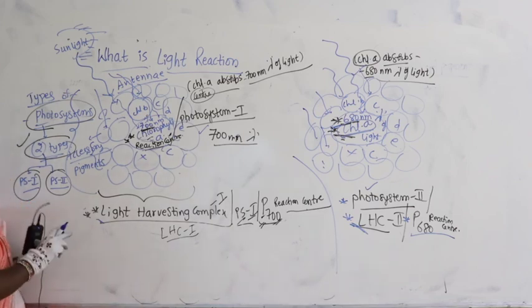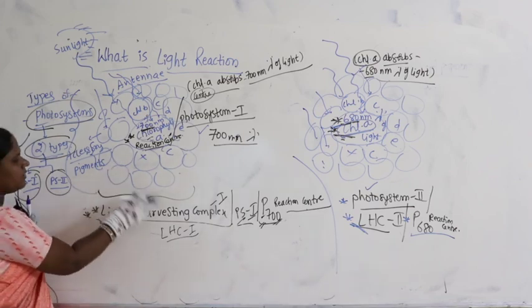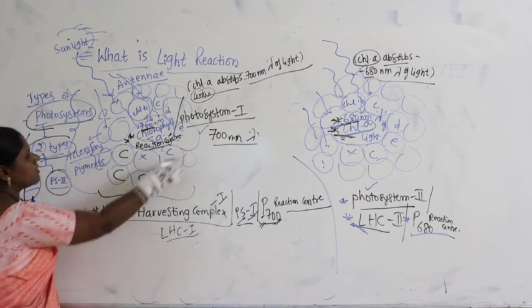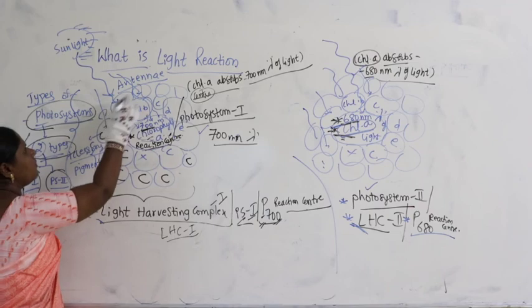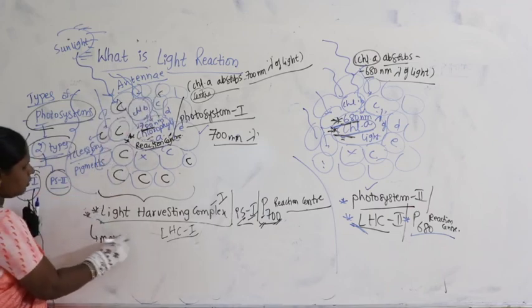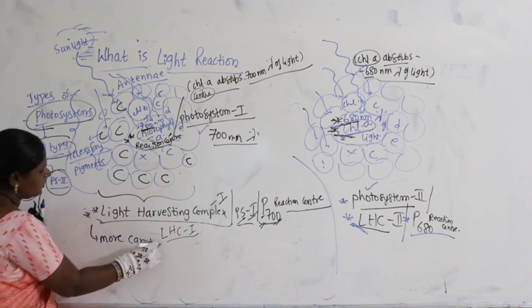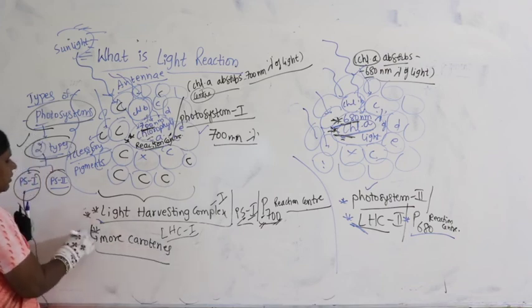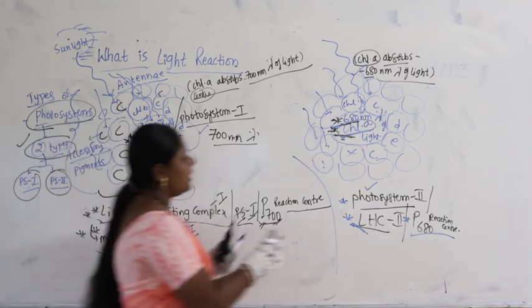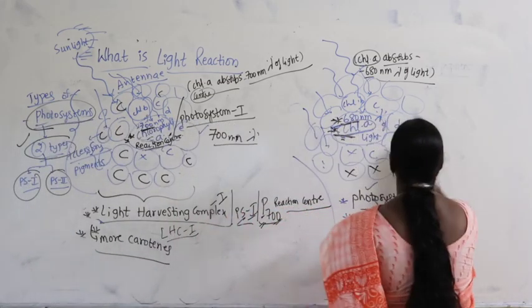If you observe reaction center number 1, you can see more carotenes. Photosystem 1 contains more carotenes. If more carotenes are there, this is photosystem 1. Suppose you find more xanthophylls.